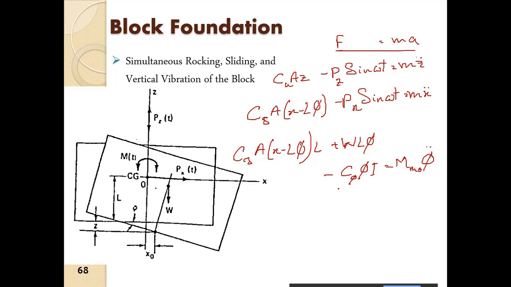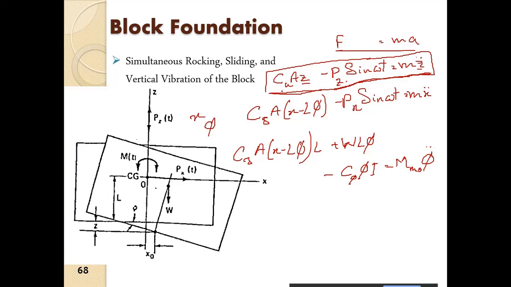Now if you see this equation, you can find out that there is no x, or no phi, so it is only z, z, and z. So this is an independent equation.